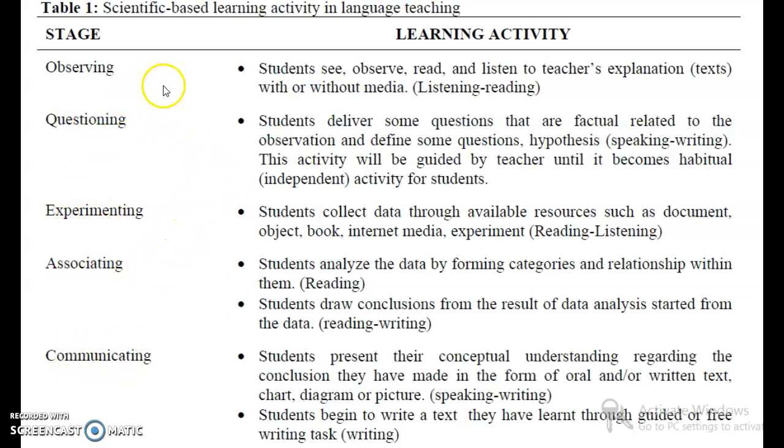Okay, now let's see what the activity is. What is the activity of observing? Students see, observe, read, and listen to the teacher's explanation or text with or without media, listening and reading. And then the activity of questioning.